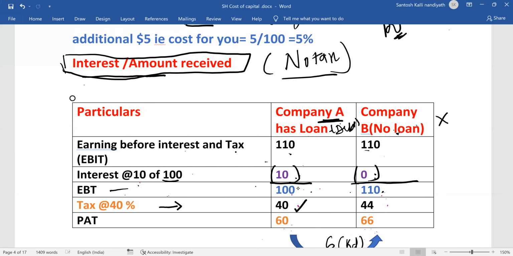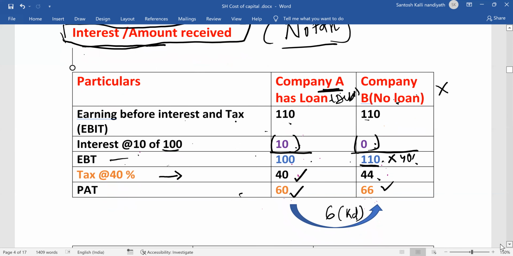In company B, because the total earning is 110, 110 times 40% is 44 they are paying as tax. Profit after tax is 60 in the first case, and 66 in the second. If you see, it looks like they are paying 10 as interest, but the difference between the two earnings is only 6, correct? Yes, 60 and 66.